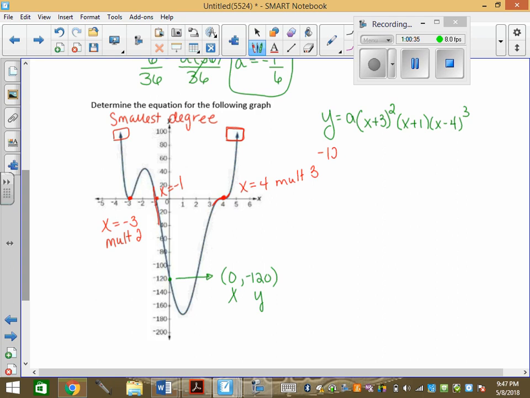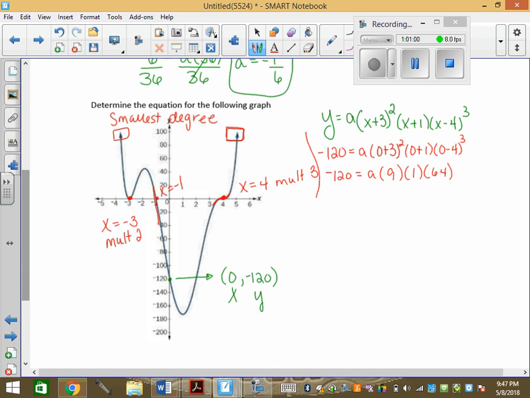So we get -120 equals a times 0 plus 3 squared, 0 plus 1, 0 minus 4 cubed. I get -120 equals a times 3 squared, which is 9, times 1, times 4 cubed, which is 64.